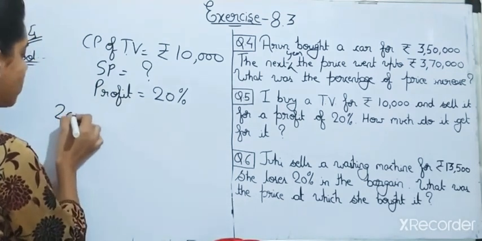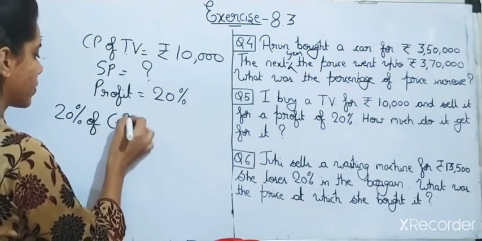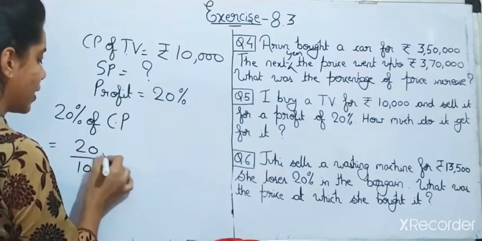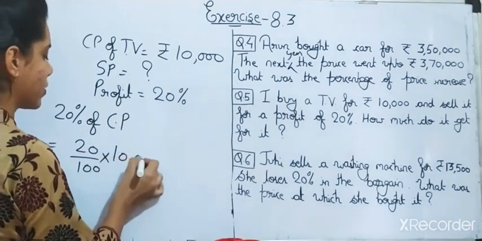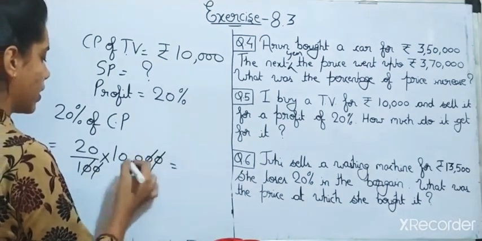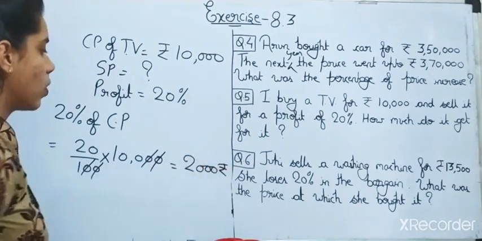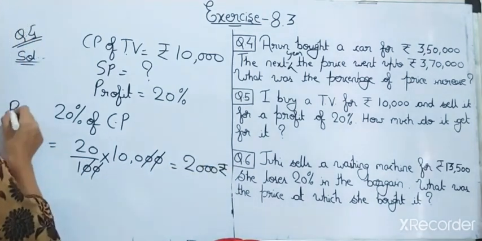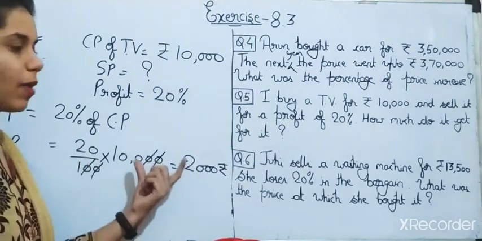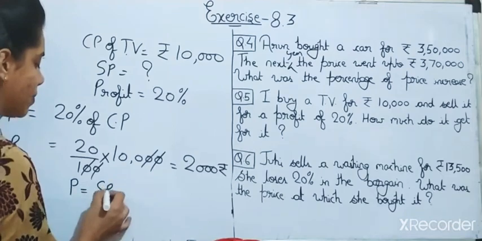So 20% of CP will be equal to 20 by 100 into 10,000. This will cancel. Its answer will be 2,000 rupees. So this will be our profit. Now we have found the profit. After finding the profit, we can apply the formula SP minus CP.